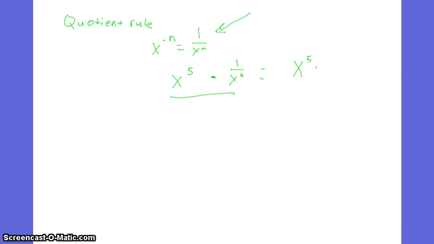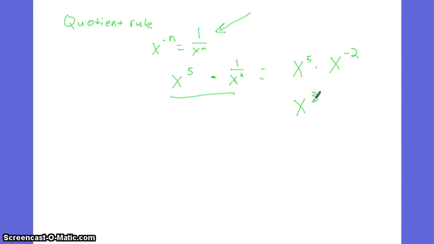So where I left off was we're trying to figure out what happens with this one. Well, let's use that product rule here. Let's flip this one, x to the negative second power. And as we learn our rules, then it's going to be x to the third power when we are complete.